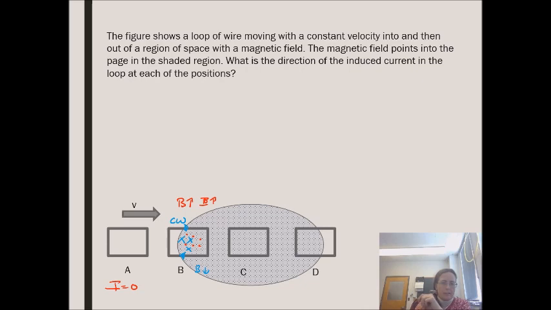And then in the middle here, the change in flux is 0. So the change in flux is equal to 0. So the current is equal to 0. So no current there as well. And then as we're leaving, the magnetic field is still pointing out at us. It says, oh, I just got used to this magnetic field. You can't leave me now. And so it's going to attempt to oppose that change.